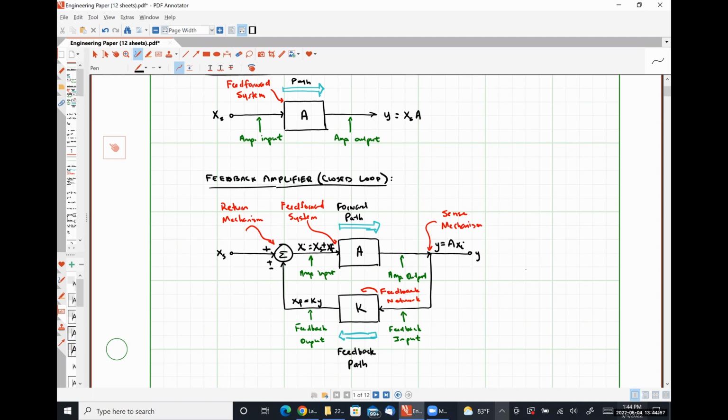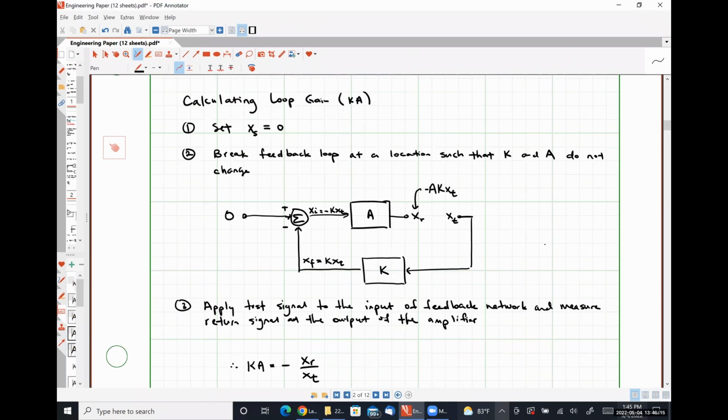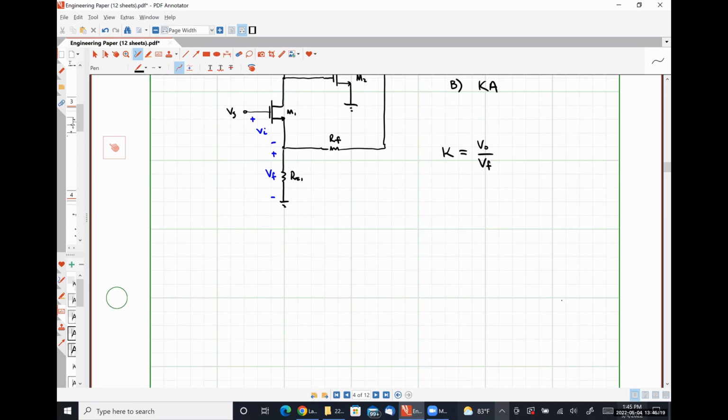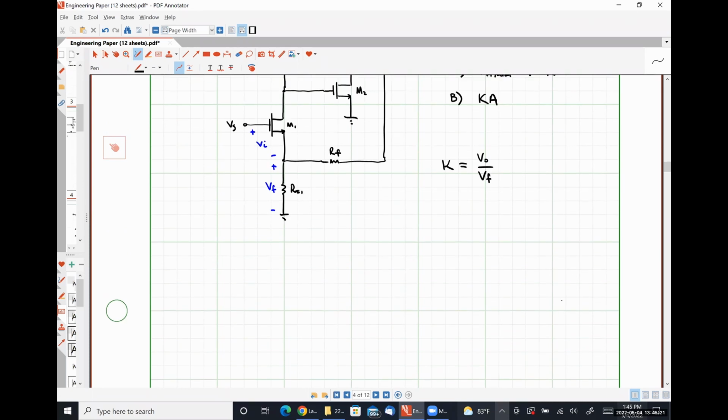If we manipulate this expression right here, where Y is our output voltage and XF is equal to VF, K should be our feedback signal divided by our output. I did have that.